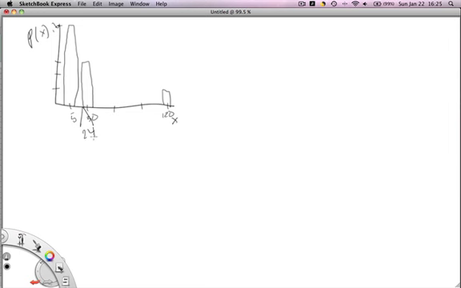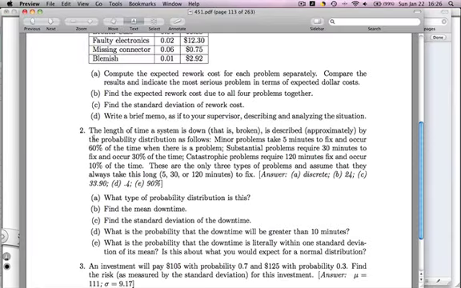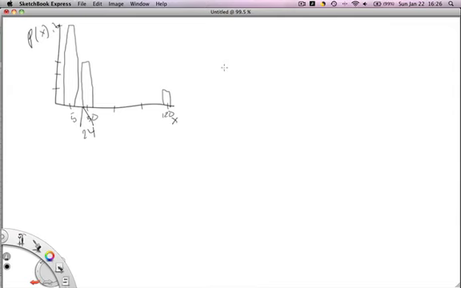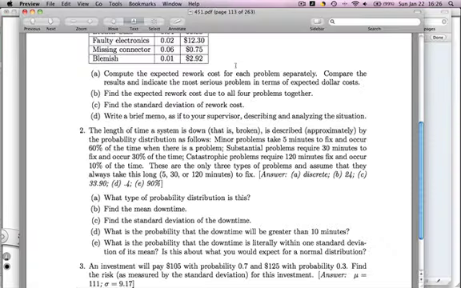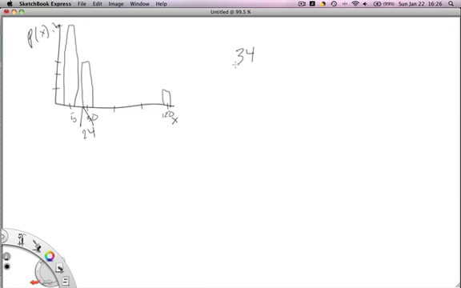So the problem asks, what's the chance that we're within one standard deviation of the mean? Let's go read this again. One standard deviation of the mean. So what do we mean by that? Well, I'm going to round the standard deviation to 34, and the mean is 24.